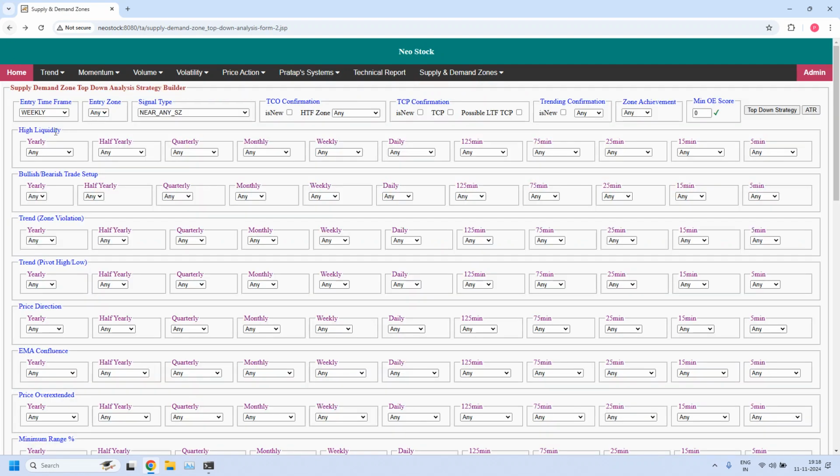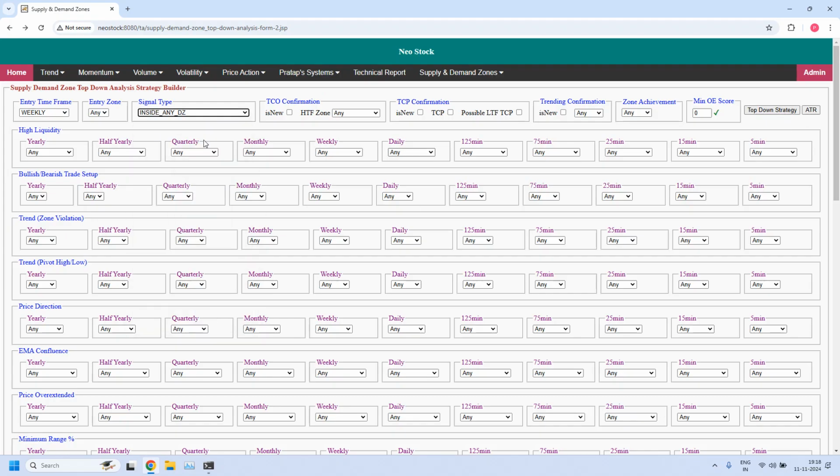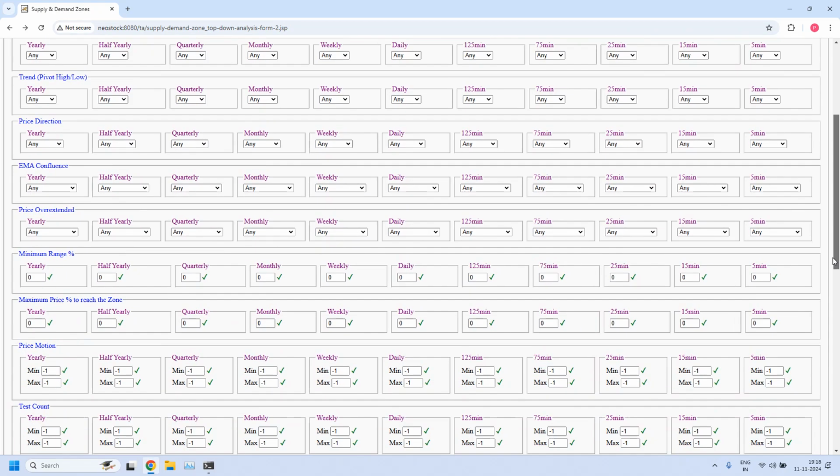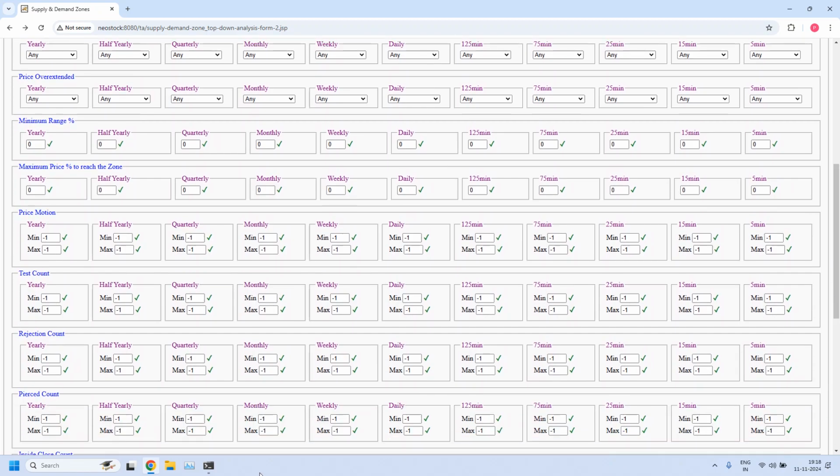Next, weekly time frame, let us find where price closed inside weekly demand zone. And these weekly demand zones should not be pierced. Weekly time frame, minimum value 0, maximum value 0.